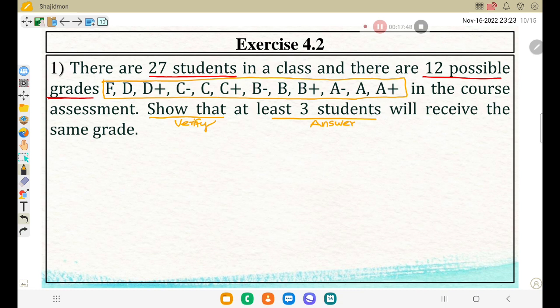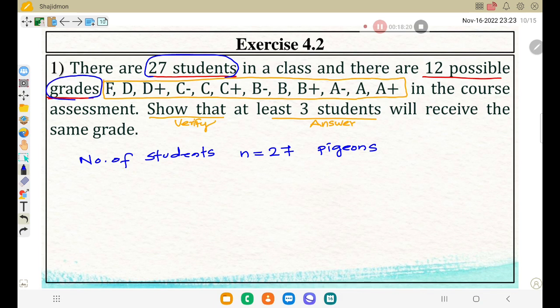So in this question, what is the pigeon and what is the pigeonhole? Students are the pigeons, so I am writing the number of students n equal to 27. Now the pigeonholes are the grades, because we are assigning grades to the students.